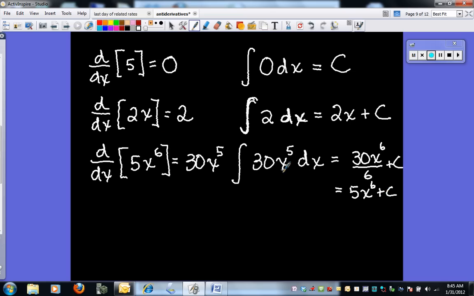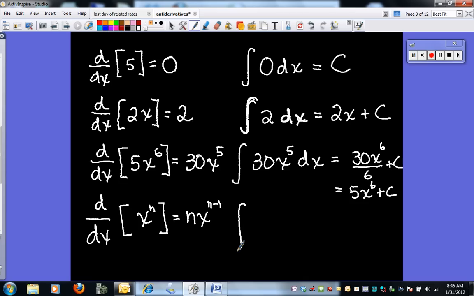So think about that basic rule of integration. If I was going to take the derivative of any x raised to the n, what was the formula? n x to the n minus 1. Well, what if I took the antiderivative of x to the n?